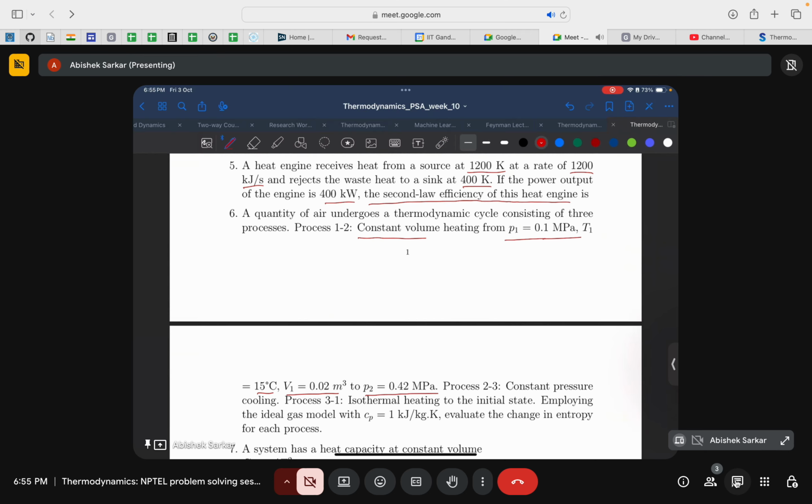Process 2 to 3 is a constant pressure cooling. And process 3 to 1 is an isothermal heating to the initial state. Employing the ideal gas model with Cp equal to 1 kilojoule per kg Kelvin, evaluate the change in the entropy of each process.